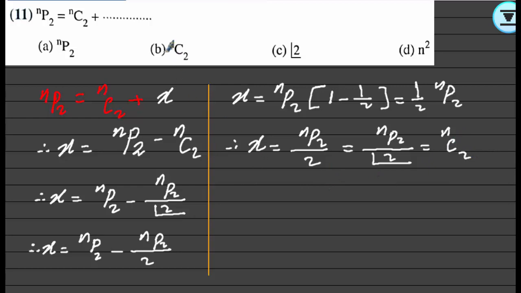So we will choose letter B, as X equals NC2. Okay, so go to question number 12.